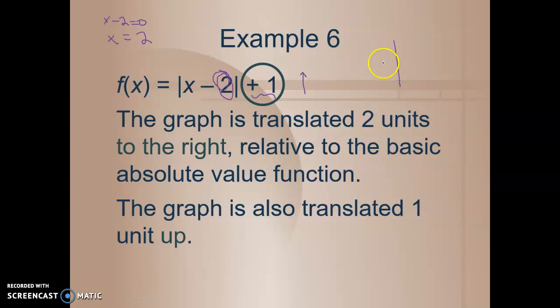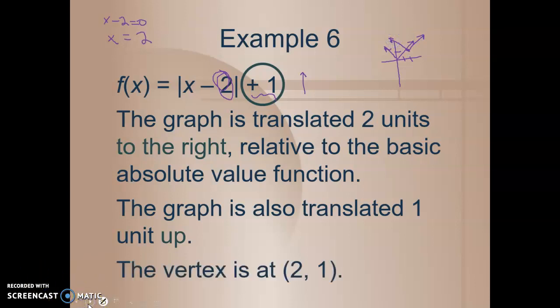So if we were to graph that, again, here's our parent function of the absolute value function, and this is just a rough sketch. We're going to move it 2 units to the right and 1 unit up. So this is now our new vertex, and this is our new function. The vertex is at 2, 1.